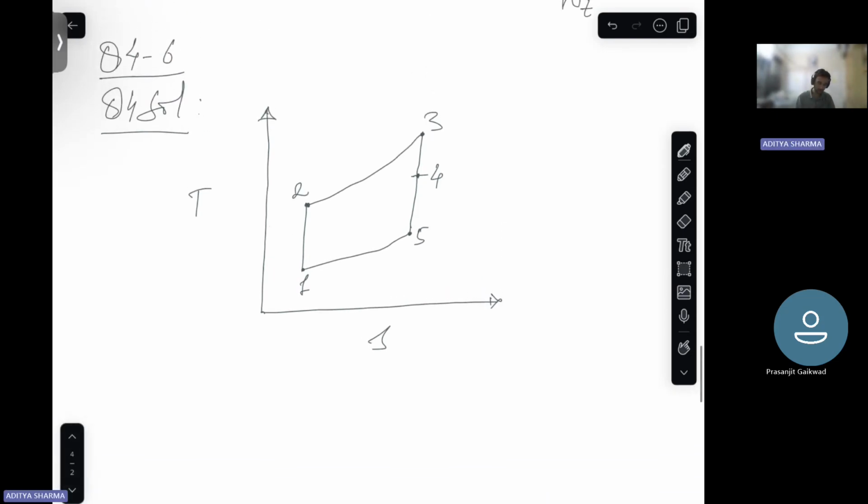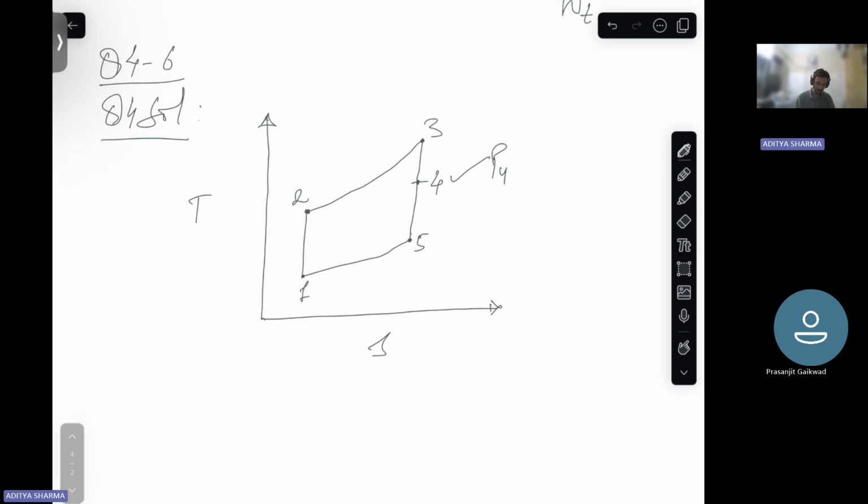And we need to find the exit pressure of high pressure turbine. P4 we need to find.